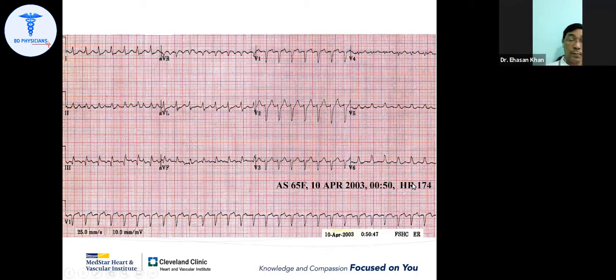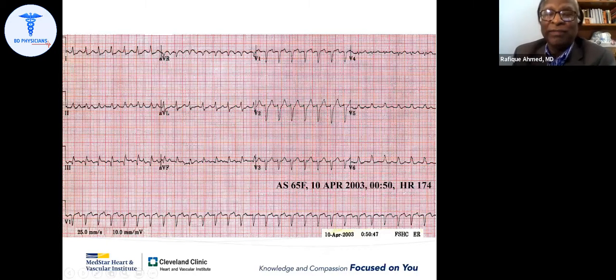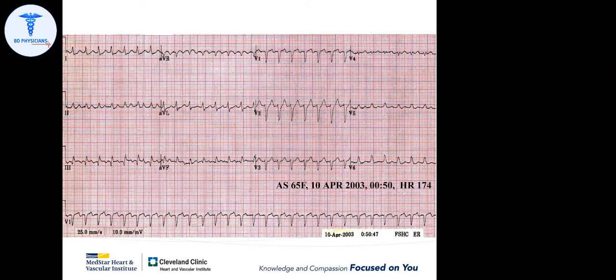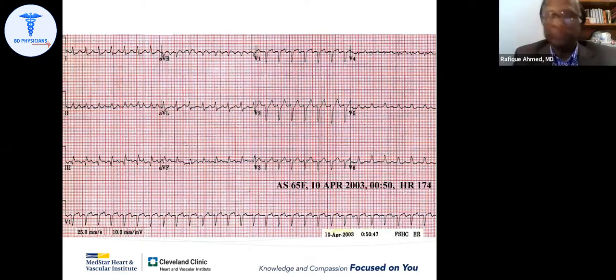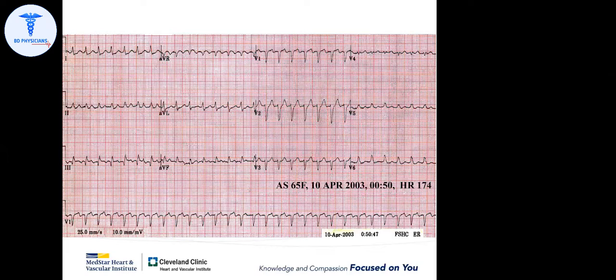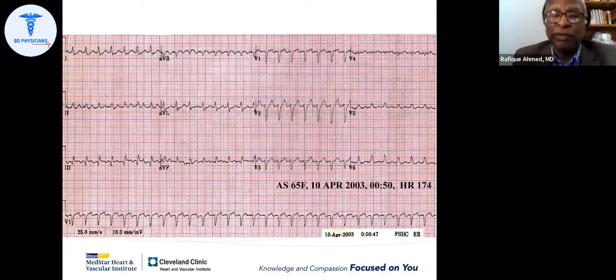So how am I going to distinguish this? What can I do to distinguish this arrhythmia? To slow the heart rate. How? Any beta blocker? IV adenosine. Okay, good. Have you ever given adenosine?